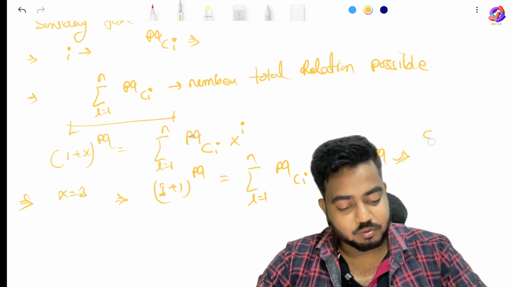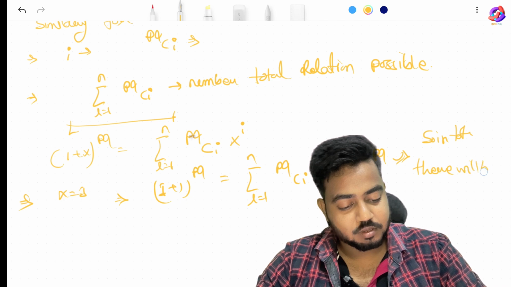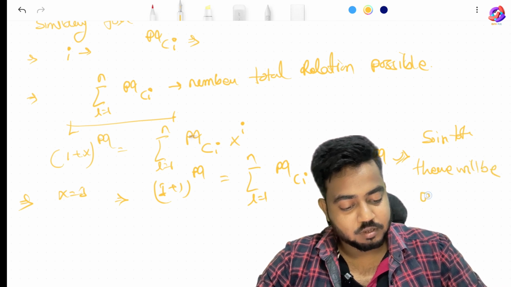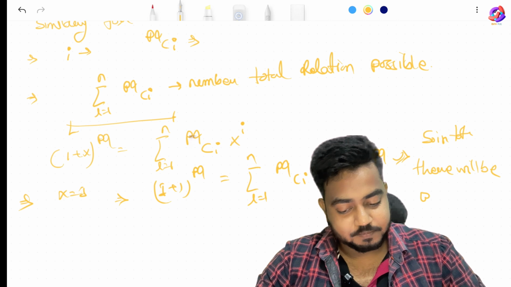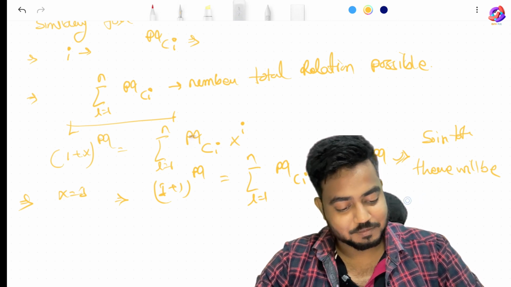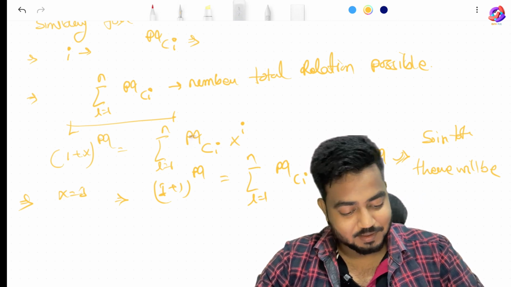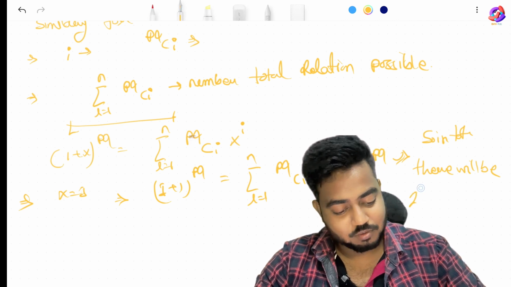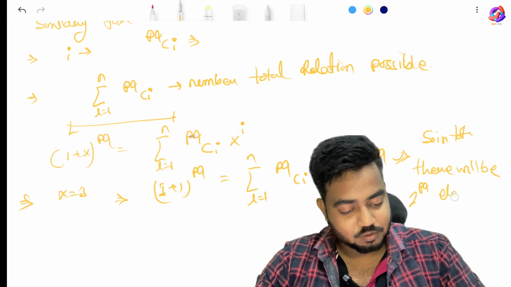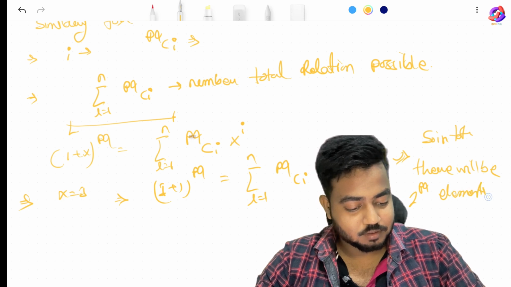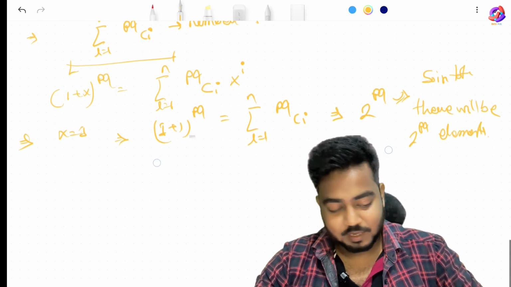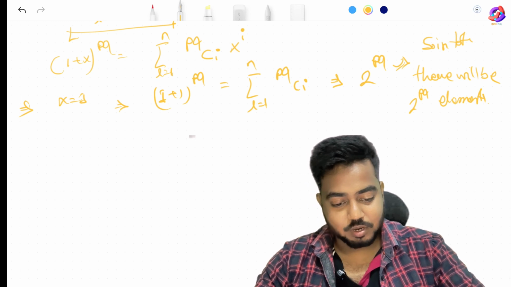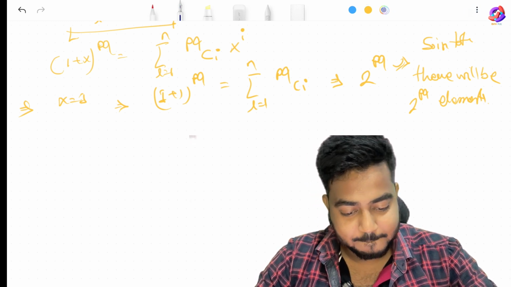So in total there will be 2 to the power PQ relations. This is where 2.3 ends.